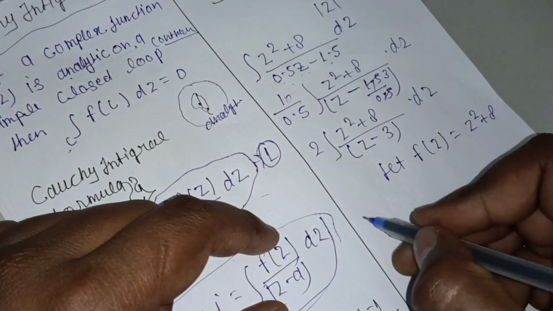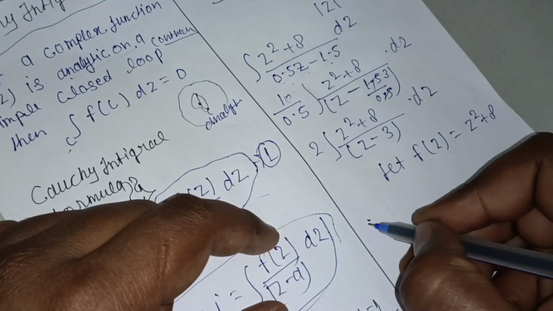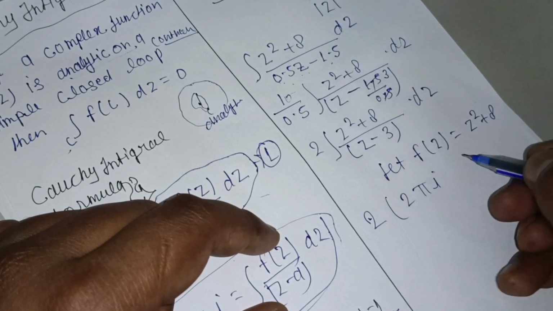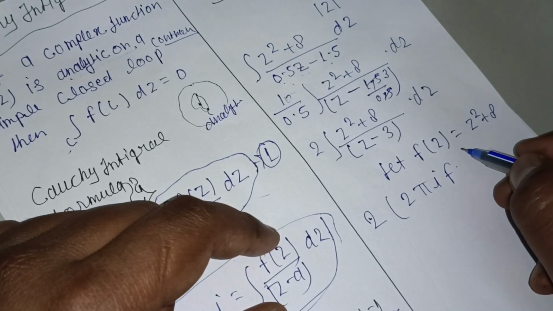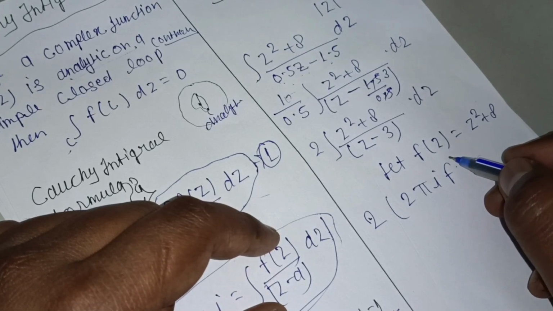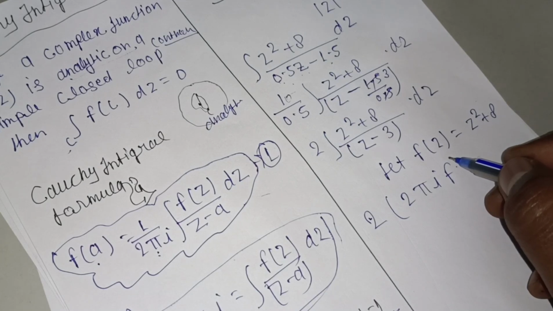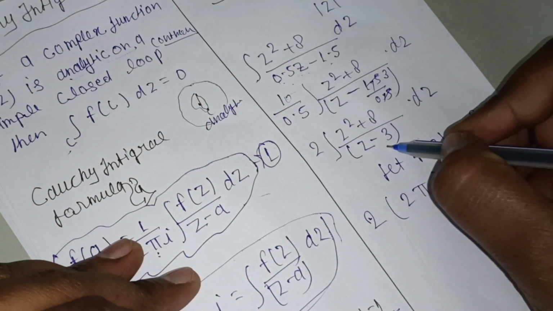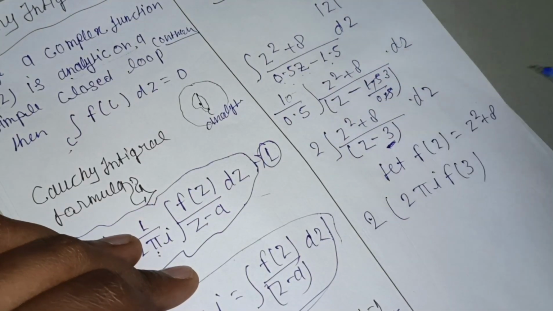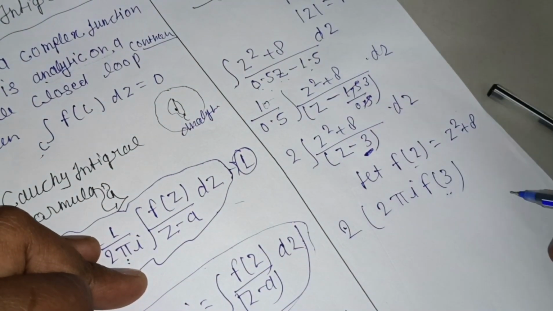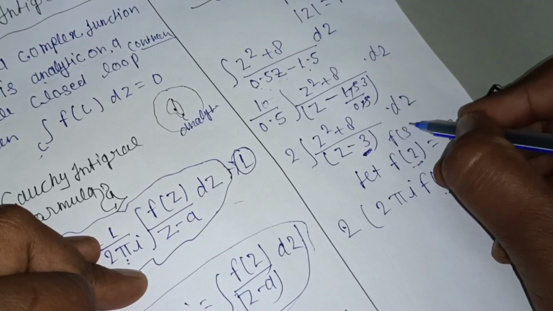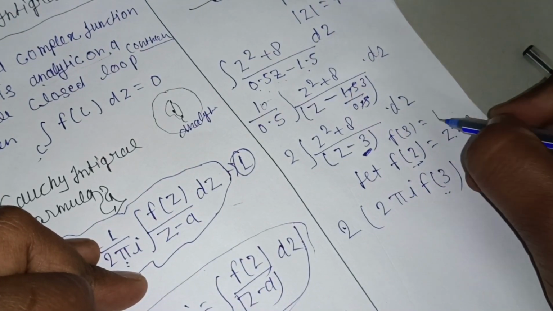We know the formula, so I am applying it. 2 is just outside already, so 2 pi i times f of 3. f of 3 is equal to 3 times 3 is 9, plus 8 is 17.